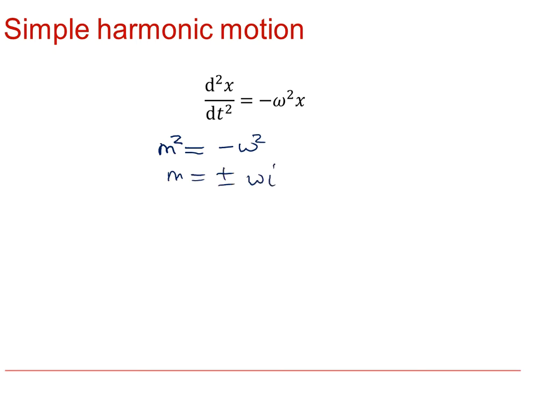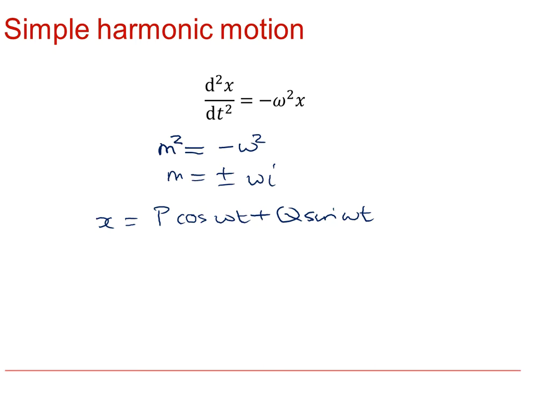And this will lead us to the standard general solution of x equals p cos omega t plus q sin omega t for when the roots of an auxiliary equation are purely imaginary.